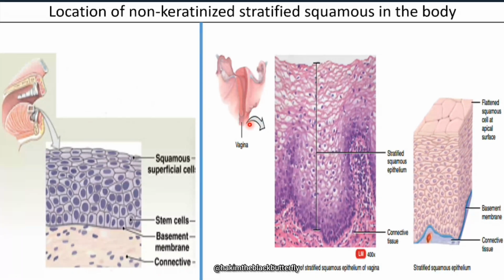The vagina is prone to abrasion during sexual intercourse, and it's made up of very many layers of cells, as you can see, and these many cell layers will prevent injury of the deeper tissues of the vagina.